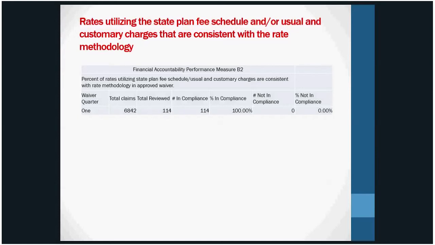I think we have about 4 or 5 that are non-compliant so far this time. We're still waiting on provider attestations for some of them, so that's why this one isn't complete.